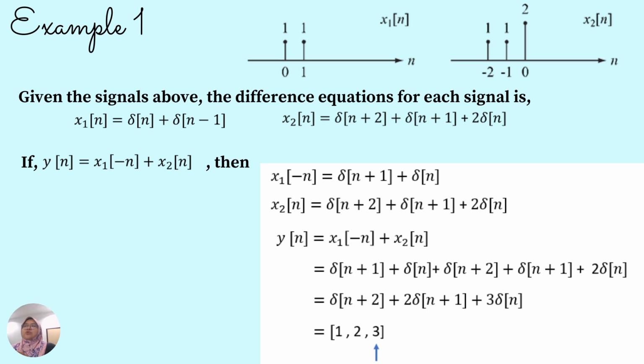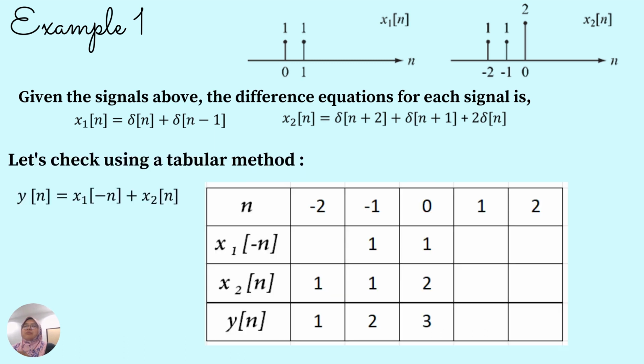And so we can also check this using a tabular method. Okay, so you tuliskan dalam bentuk table, lukiskan dalam bentuk table. Basically, you boleh tulislah dia punya x1n ni. So kita tahu bahawa x1n adalah yang dah default. So semua daripada sebelah kanan jadi sebelah kiri. Okay, dan kita ada x2n yang sama macam asal lah.